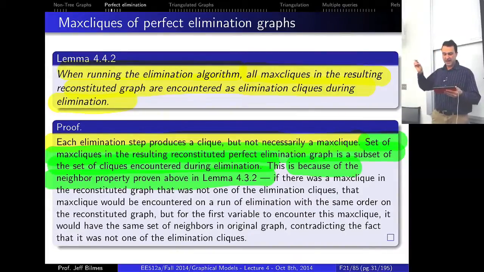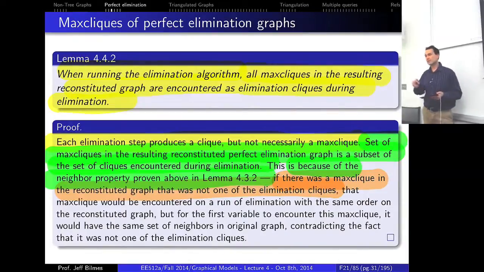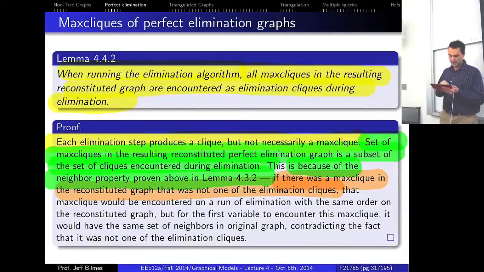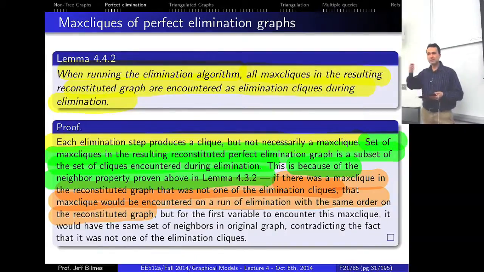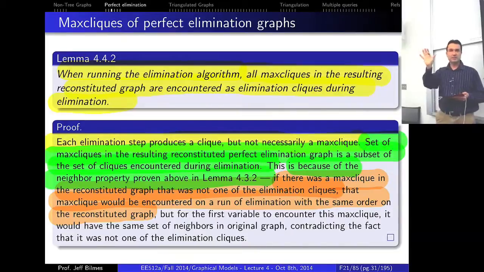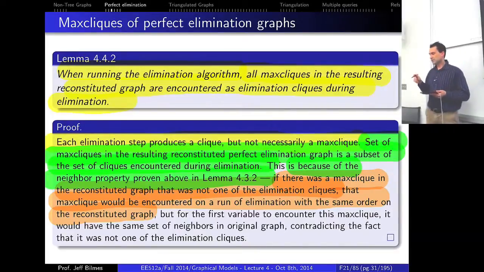If there was a max clique in the reconstituted graph, so let's use orange for this or something. If there was a max clique in the reconstituted graph that was not one of the elimination cliques, okay, that clique would be encountered in a run of the elimination with the same order on the reconstituted graph. Right? Because you're going to eventually, the first vertex of that clique is going to be seen, right? And moreover, the first vertex in that clique that's seen is going to have that max clique as a neighbor.